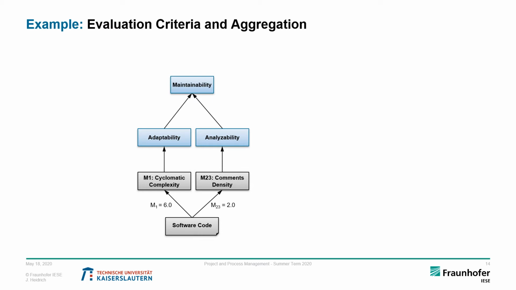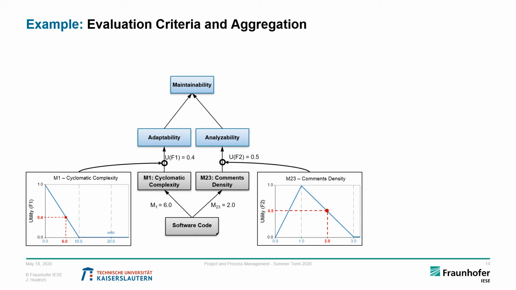And now we need to think about, okay, how can we aggregate these numbers? And therefore, we define so-called utility functions. And we have 2 utility functions here. Let's start with the utility function on the left-hand side about cyclomatic complexity.